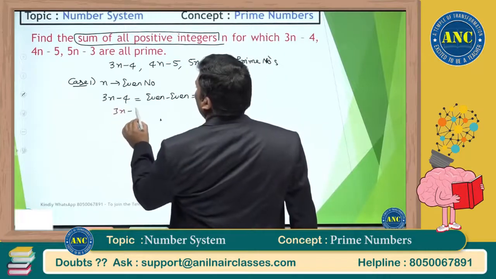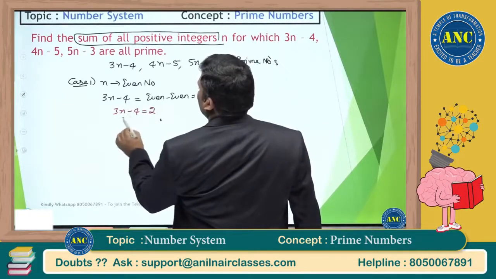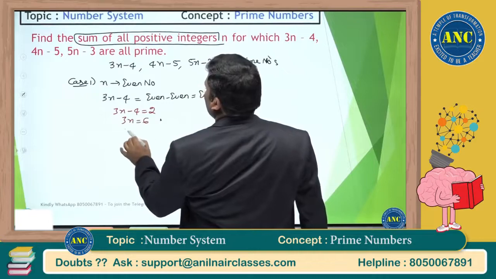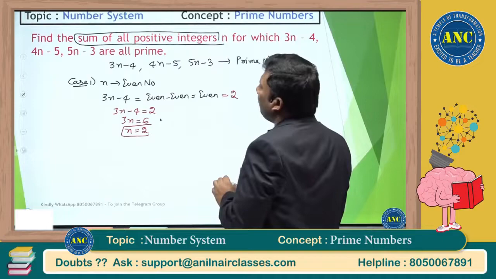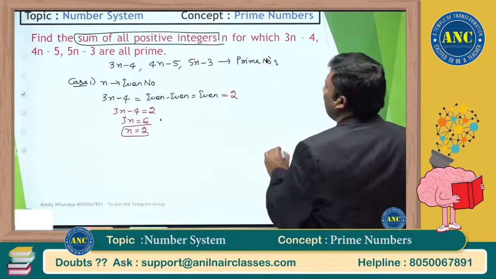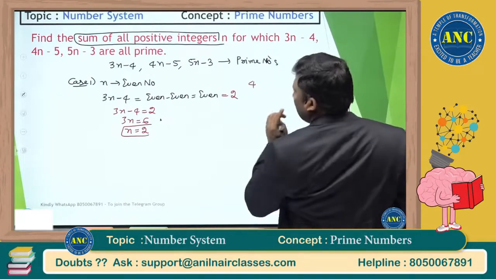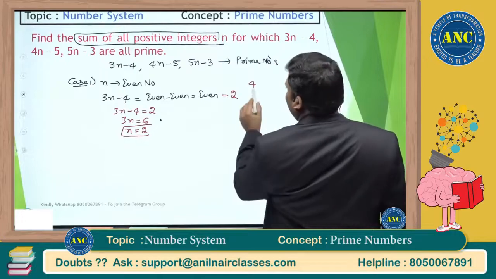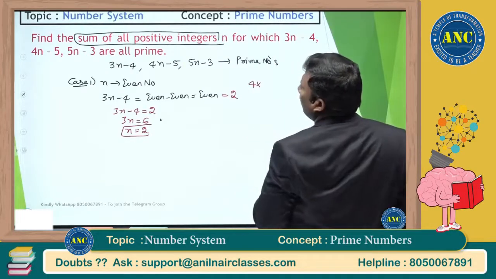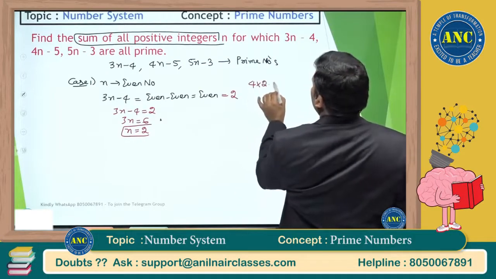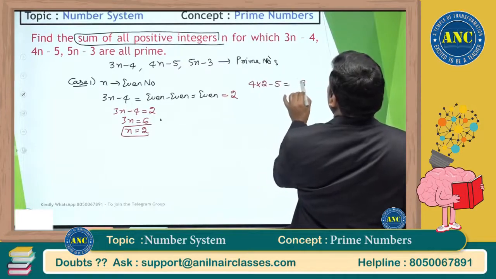3n minus 4 equals 2, so 3n equals 6, and n equals 2. This n value 2 should make the other two numbers prime as well. 4 times 2 minus 5 is 8 minus 5, which is 3.